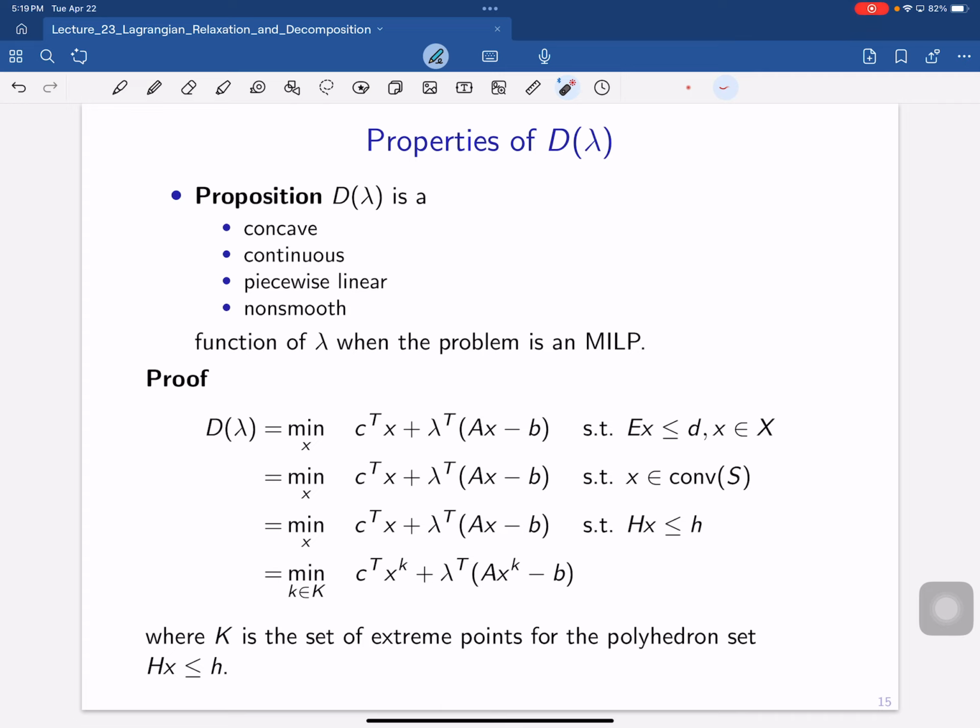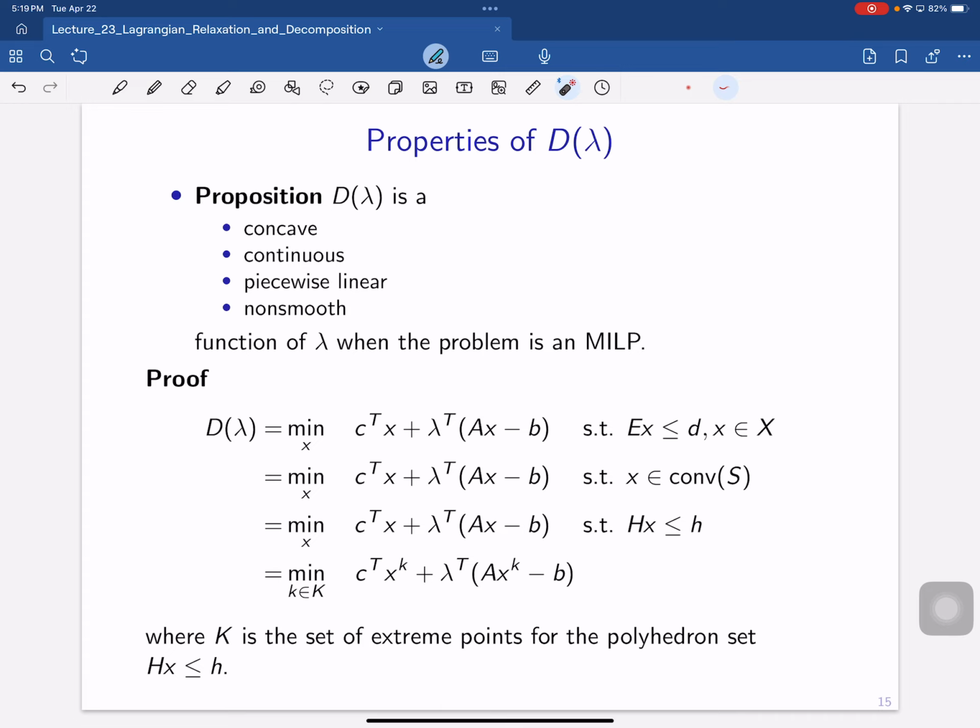Yeah. How would you solve that minimization problem if we don't know the value of lambda? I feel like we want to know lambda, so we solve another problem that still has lambda in it, so now we don't know how to. Yeah. So again, this part is not trying to solve for the optimal lambda or the optimal x. It is a theoretical analysis of the properties of d lambda.